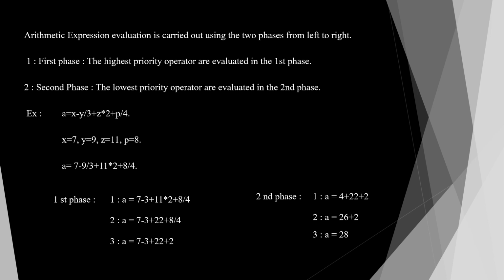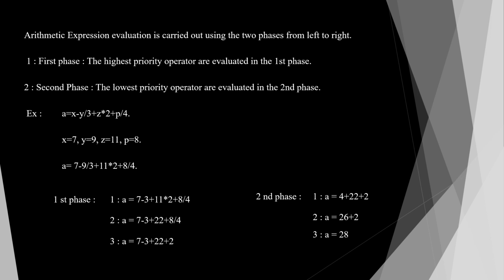All these values are evaluated in our expression. First we have to assign these values to the operands. So a is equal to 7 minus 9 slash 3 plus 11 star 2 plus 8 slash 4.